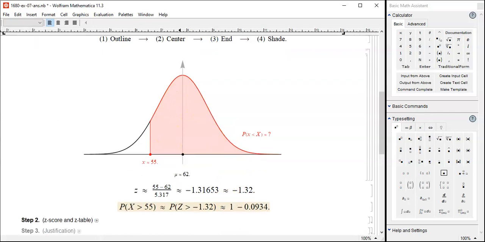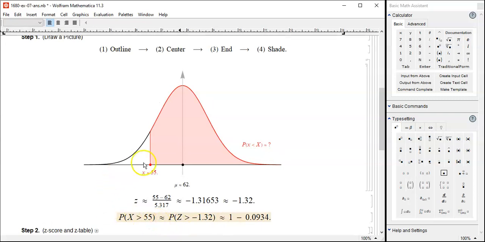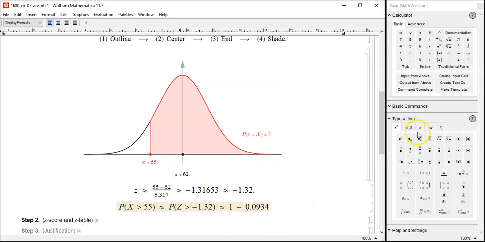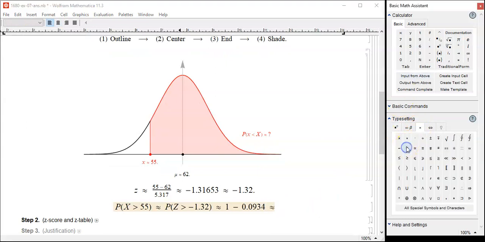So this is what I have to do. I have to subtract it from 1, which is the total area down here, and that's going to be approximately equal to, let's see, 0.89066.